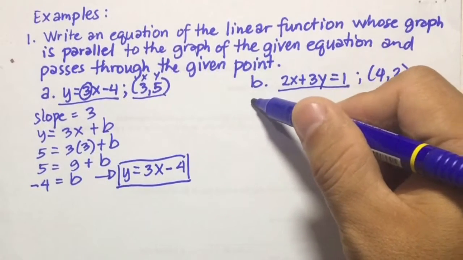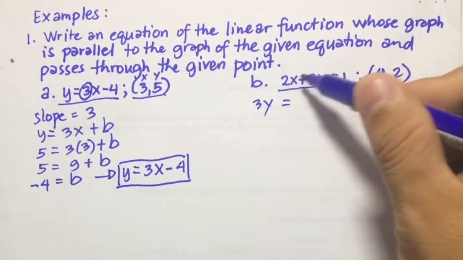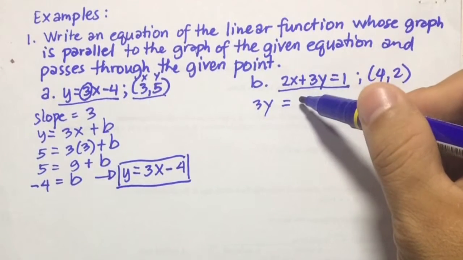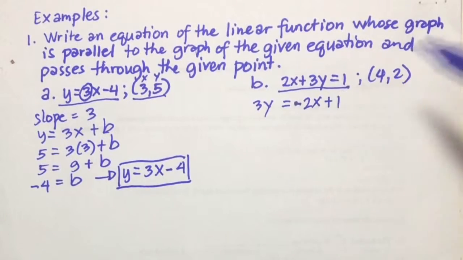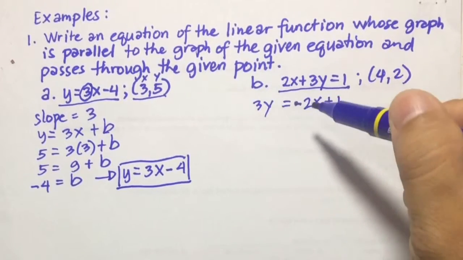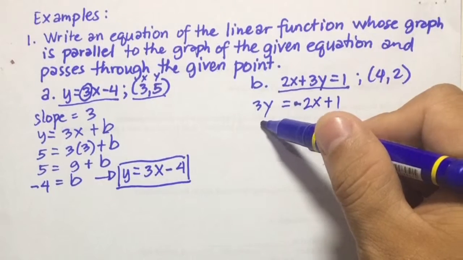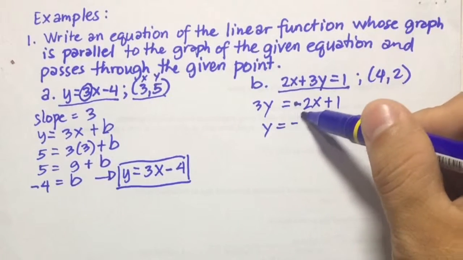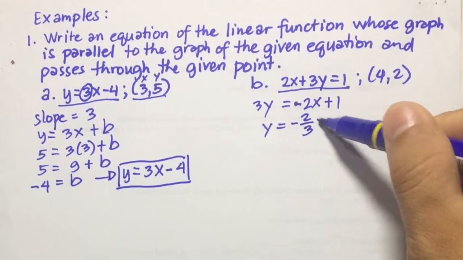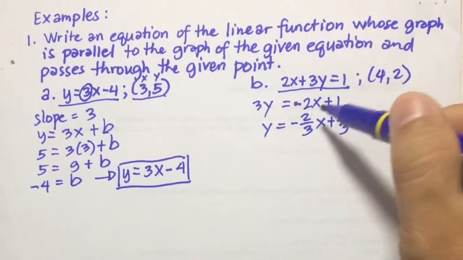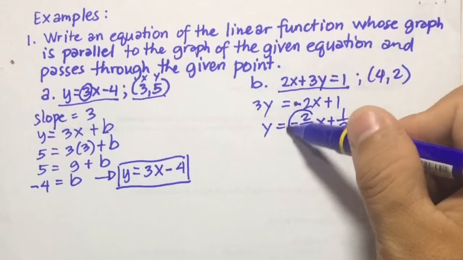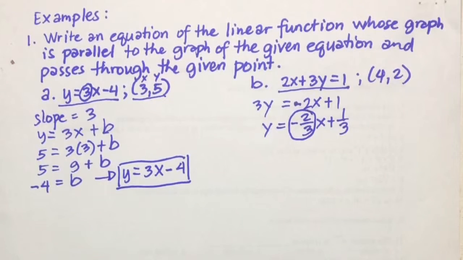We're going to have 3y equals, transposing 2x to the right side, -2x plus 1. Then dividing both sides by 3, we're going to have y equals -2 over 3 x plus 1 over 3. So the required slope is -2 over 3.